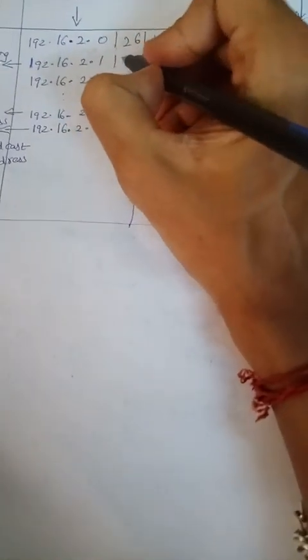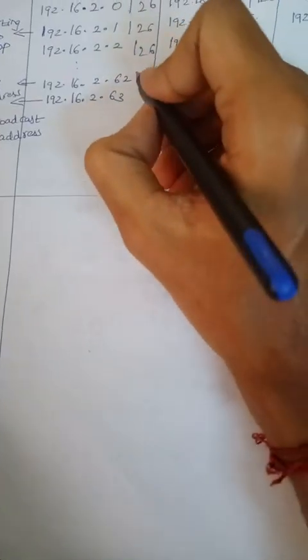So here also I have to mention 26, 26, 26 and 26. In this way I have to mention it for everything. Now I divided the 4 blocks.